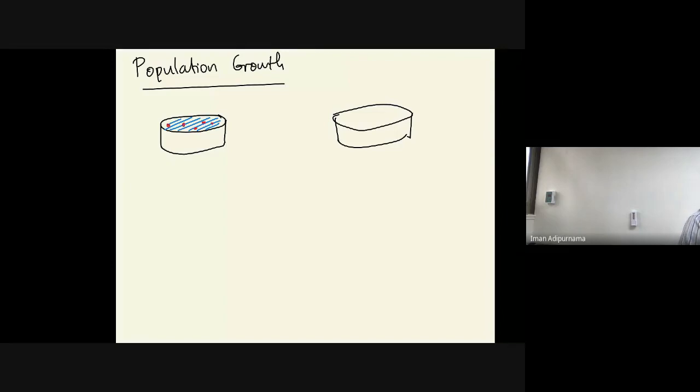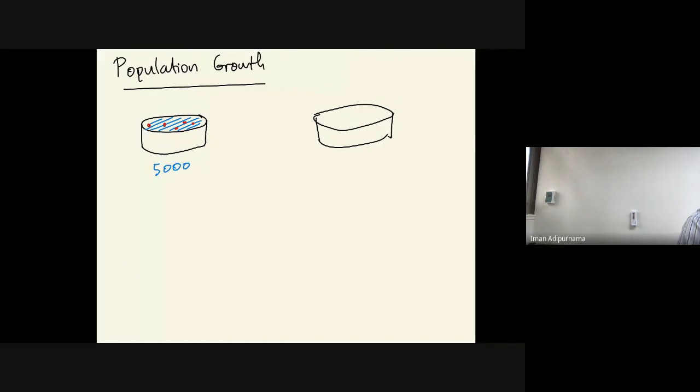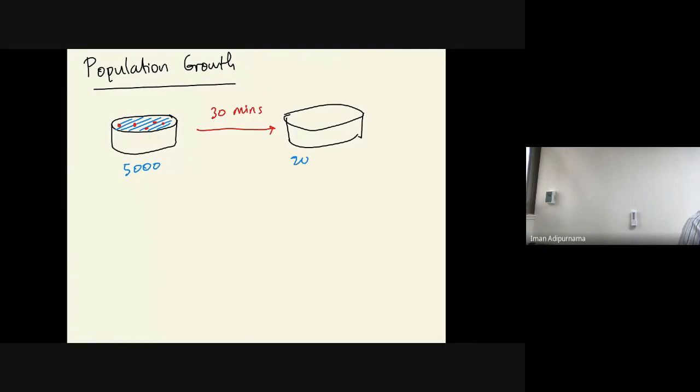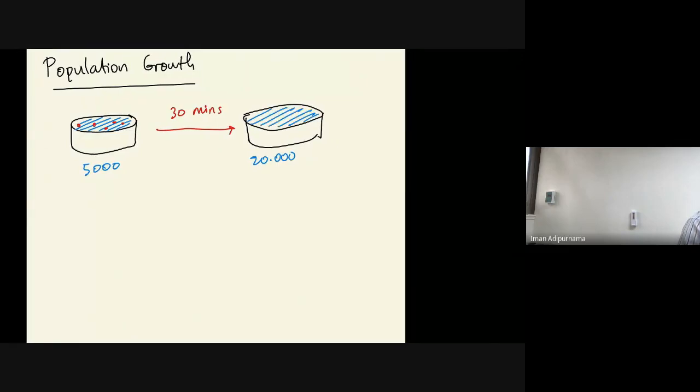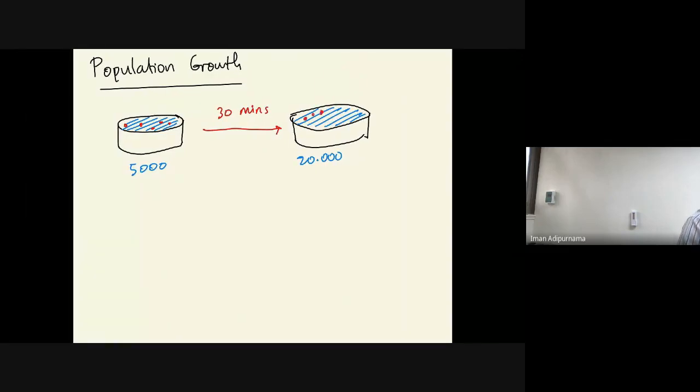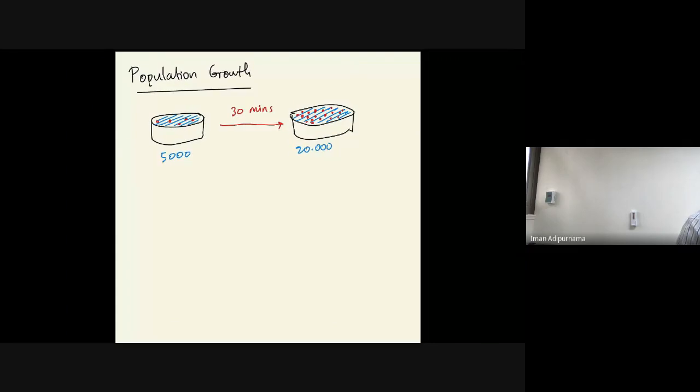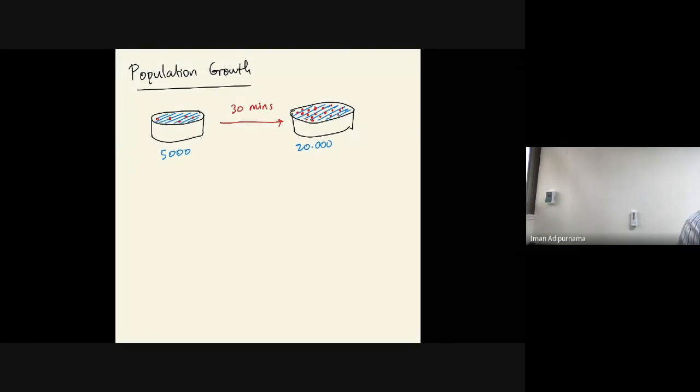For example, if it is 5,000 at the beginning, after 30 minutes it's 20,000, but I think that's too fast. Usually for cells, it needs at least 1 day to multiply really exponentially. But let's just say you have 5,000 and then 20,000 after 30 minutes.